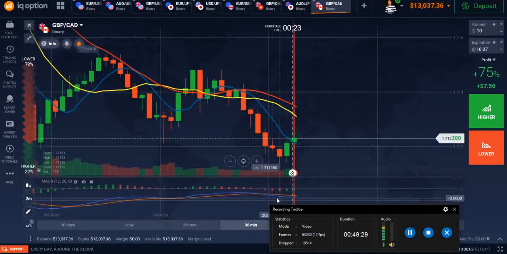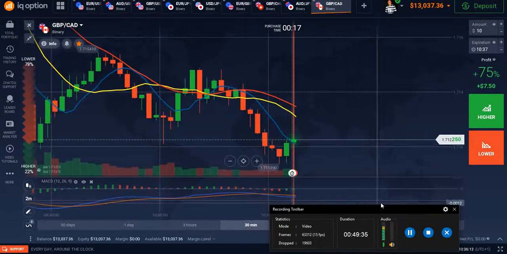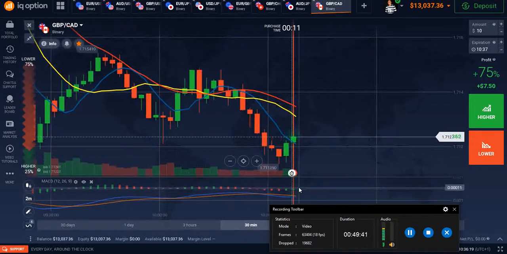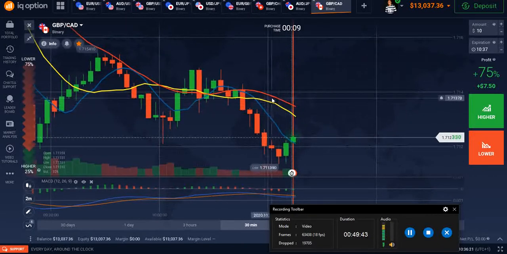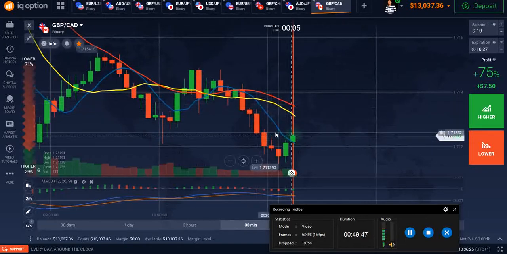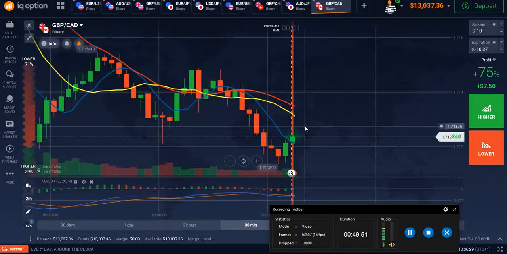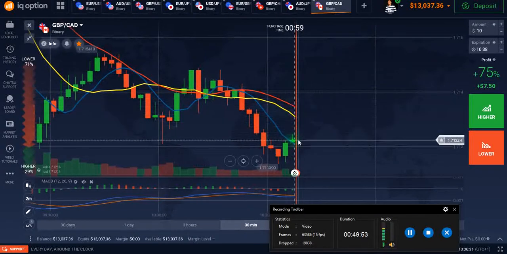This blue here is about to cross this yellow here, and you can see this one is still down, still below the zero line, but you can see I'm having green. Then anytime I see that it crosses like this, and you can see this red here too is above both the yellow and the blue moving average, you will see now that this blue moving average will cross back, and this one will start going back up.